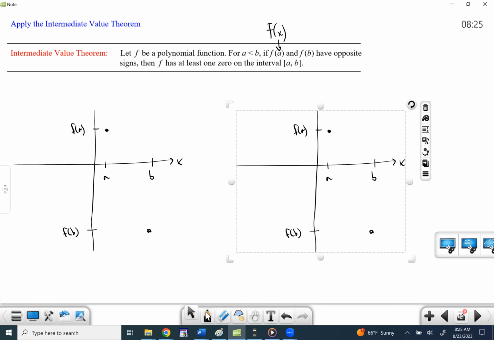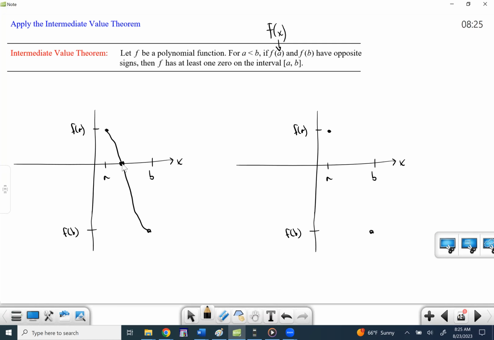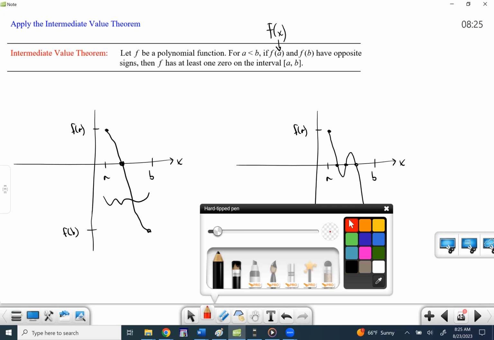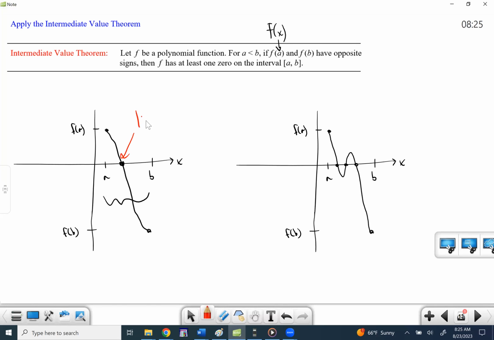The first one I showed you, where it just crosses through and has one zero on the interval of a to b, and one that has multiple zeros, right? And then this one, they use at least one, right?